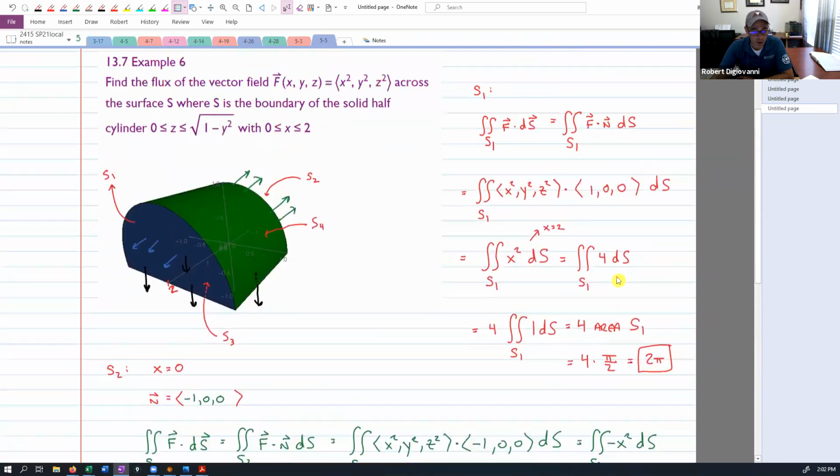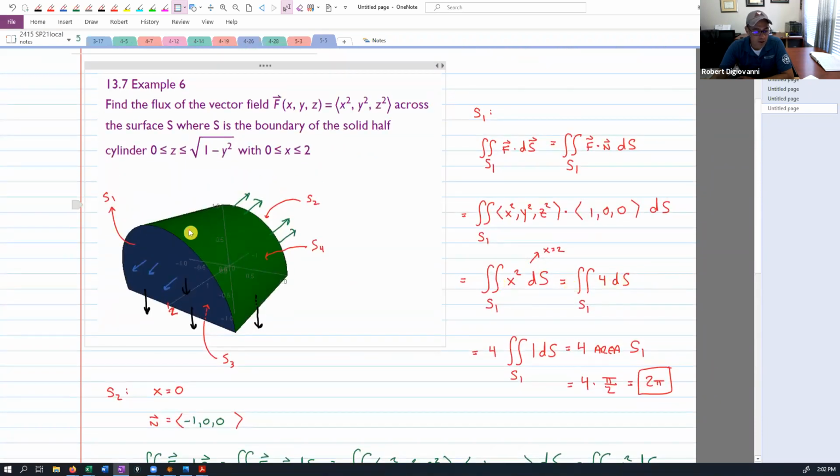Last surface, S4. When you look at the normals on S4, they're changing, aren't they? So we can't do what we've done for S1, S2, and S3. We're probably going to need the other formula.